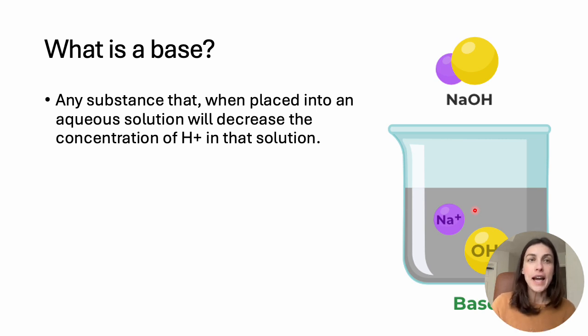And remember that measuring pH is measuring the concentration of free-floating hydrogen ions in a solution on a logarithmic scale. So a pH number indicates, not directly, but indirectly, how much H plus there was.